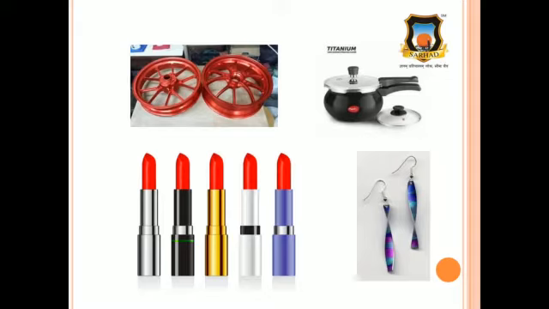Even the makeup and jewelry items are also anodized by the help of the aluminium oxides, and here the color is also mixed. So by mixing the color, we can give it the decorative finish also.